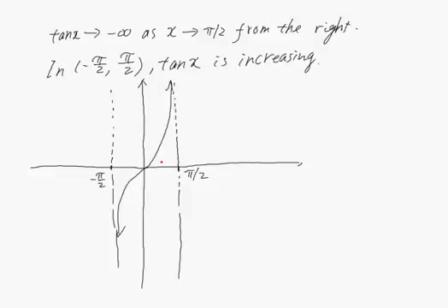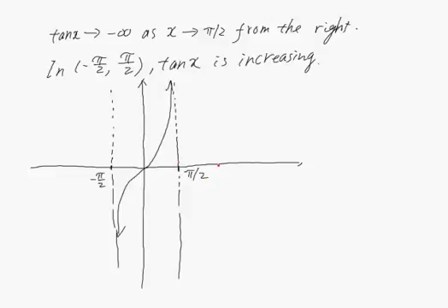And the shape of y equal to tangent x between negative half pi and half pi is repeated between each pair of consecutive asymptotes.